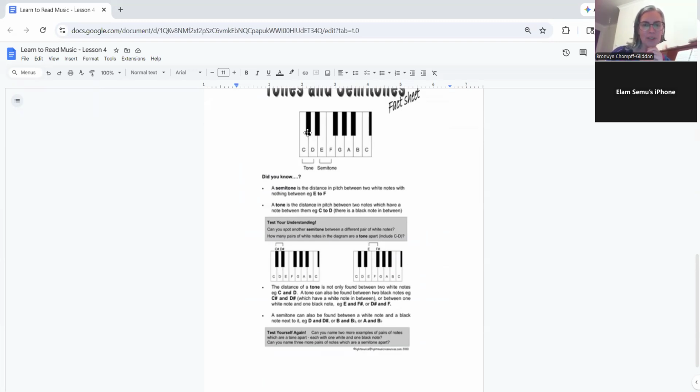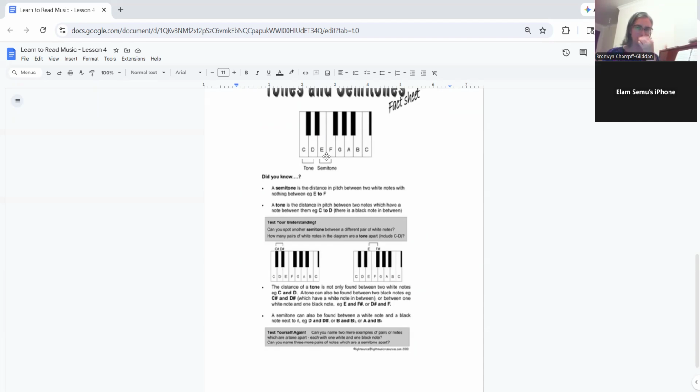But you know how we've got the black keys that are there. If you go from a white key to a white key that has a black key in the middle, that is a tone. If you go from a white key to a white key and there is no black note in the middle, that is a semitone.